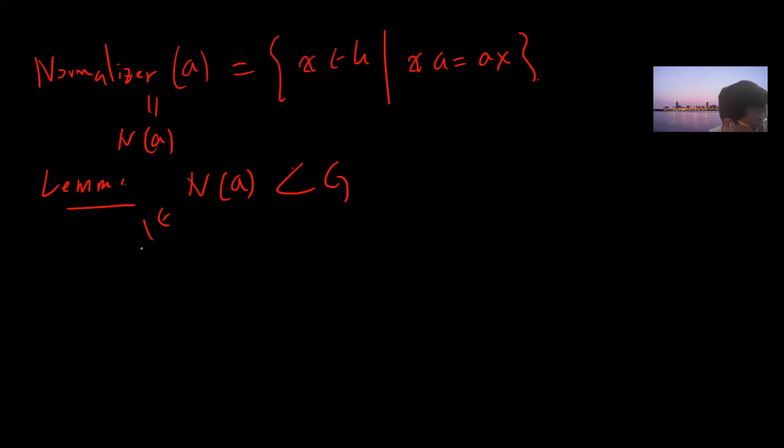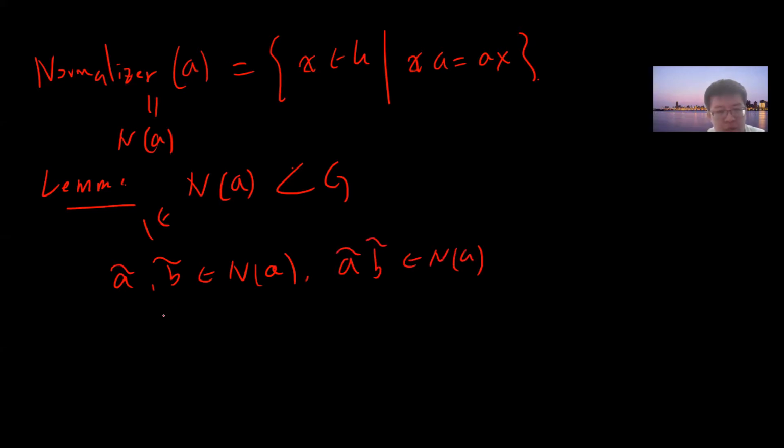First the composition: we need to prove that A tilde B tilde belongs to N of A. This is simple, because A tilde B tilde times A, since this commutes, I can do it like this, and this also commutes, so I do this, and it satisfies this.